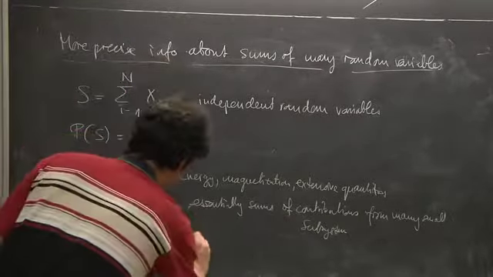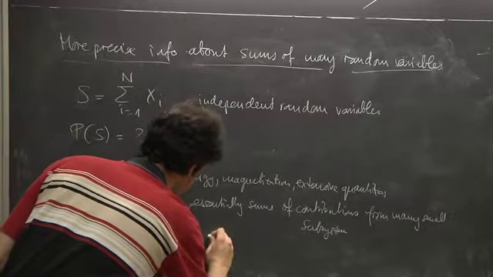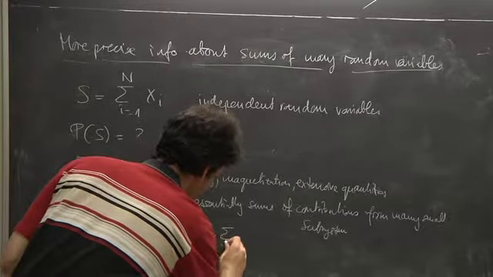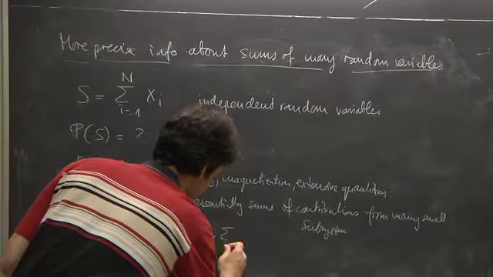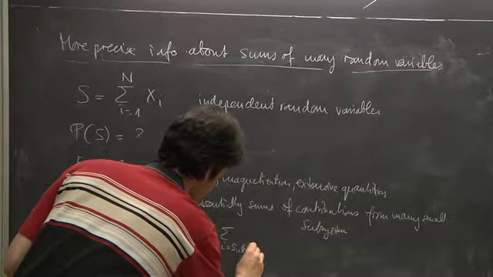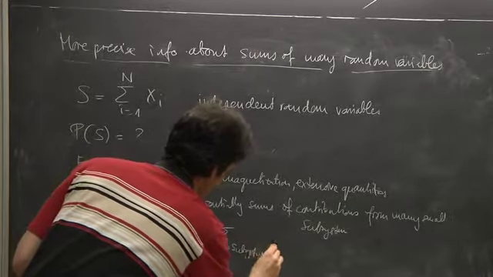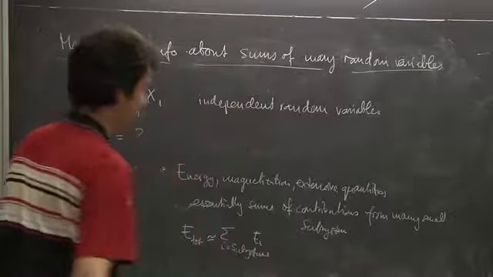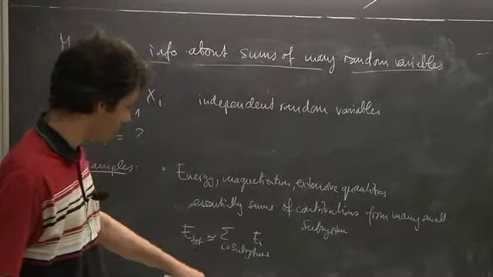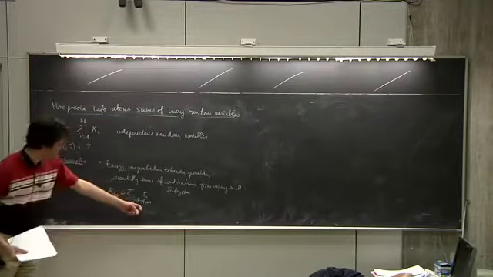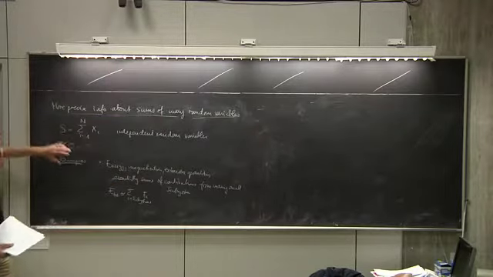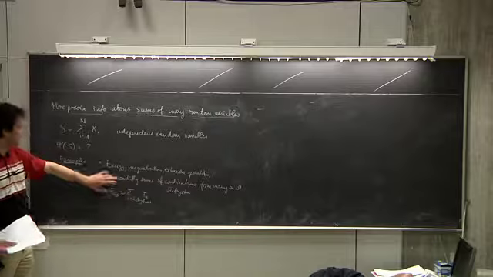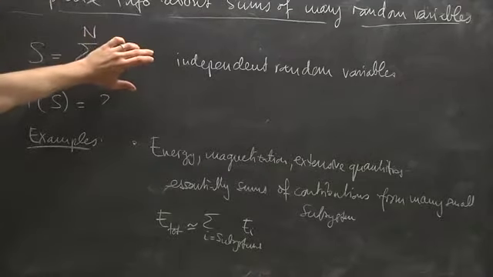So if you write, for example, the total energy, you can say this is like a sum over small subsystems, and you have energy contributions from the subsystems. So this is a typical example where you look at a quantity which is a sum of many contributions.